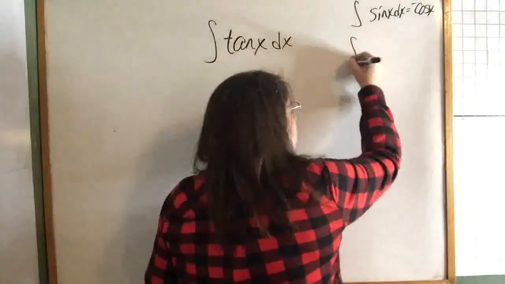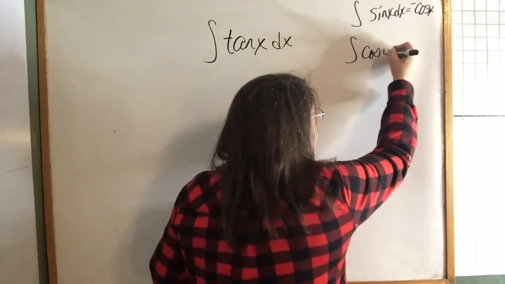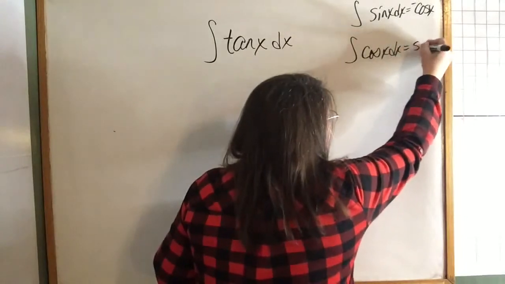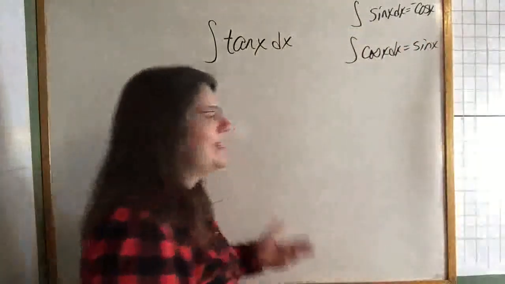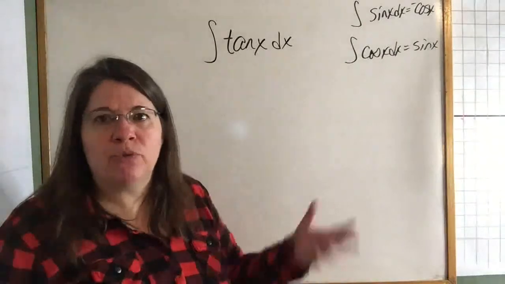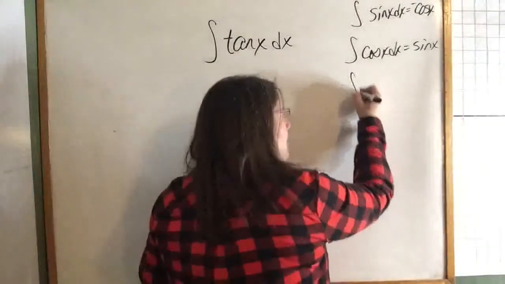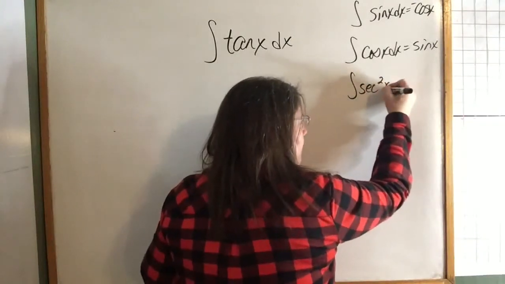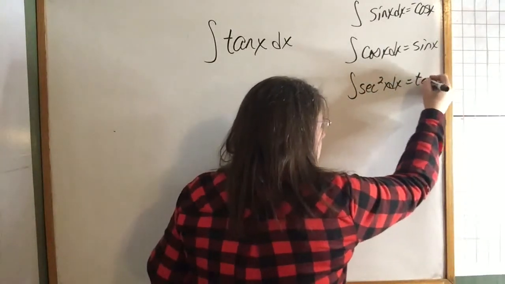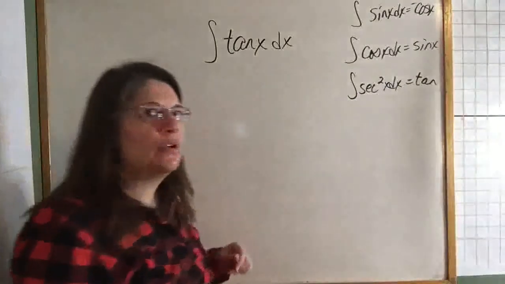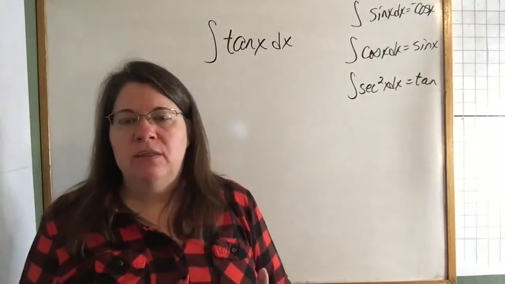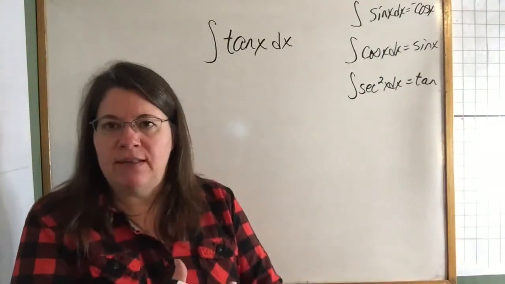The antiderivative of cosine x dx was sine x. And then we did not have an integration for tangent. There was no way we could do tangent because the antiderivative of secant squared x dx is tangent.